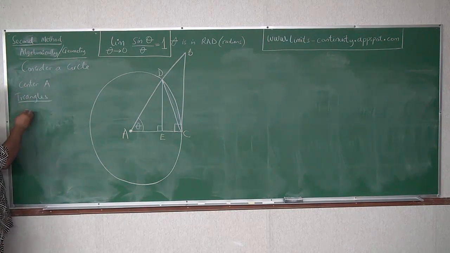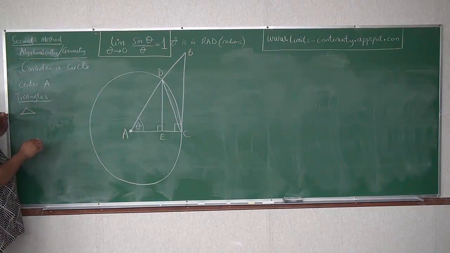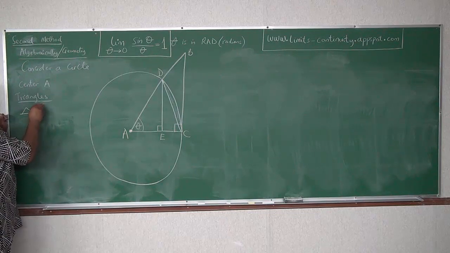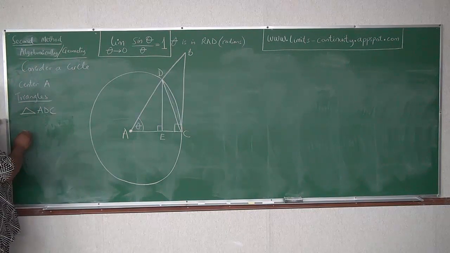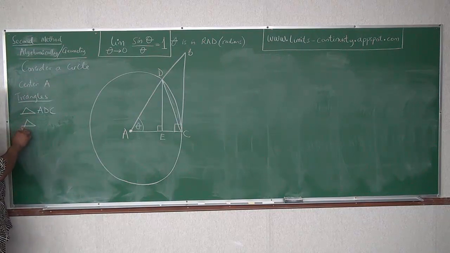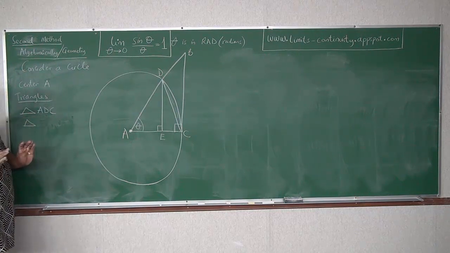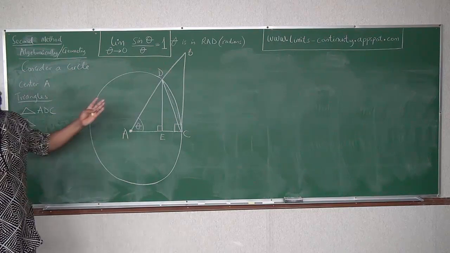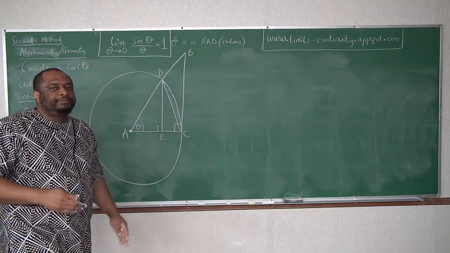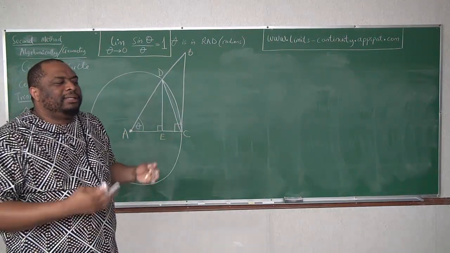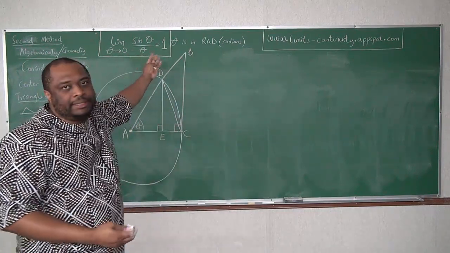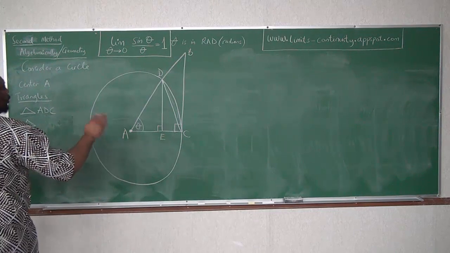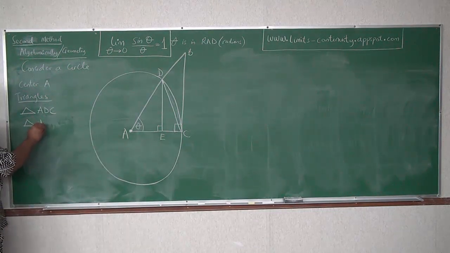The triangles are triangle ABC, and the triangles I'm going to use. We have more than two triangles here, but these are the triangles I will use to find the limit of this. Triangle ABC.